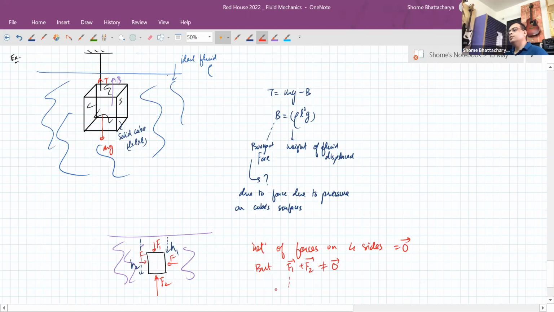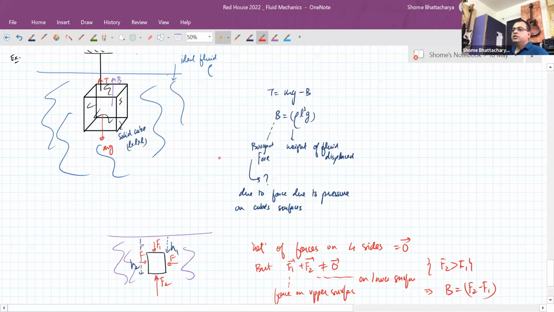This is the force on the upper surface, and this is on the lower surface. In fact, from the concept of pressure, you'll realize that the magnitude of F2 is greater than the magnitude of F1. So that's why the net force, which is the buoyant force, will be equal to F2 minus F1.